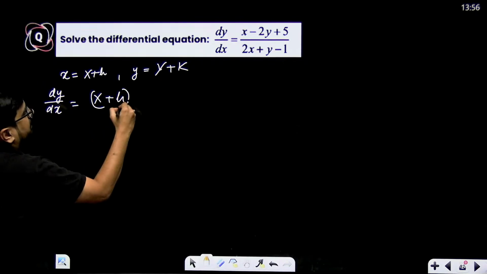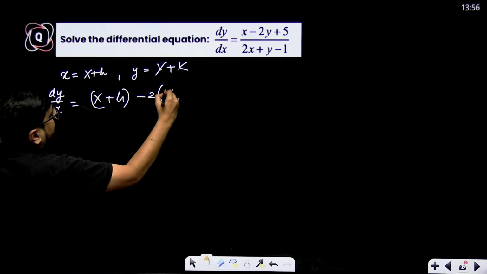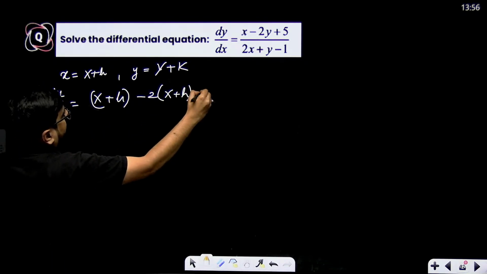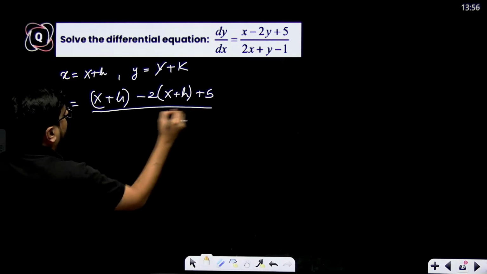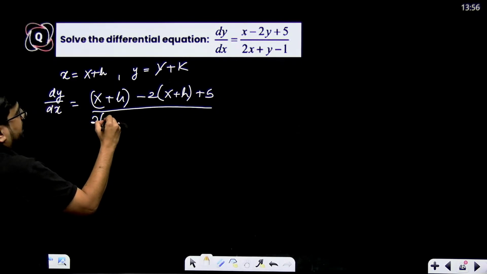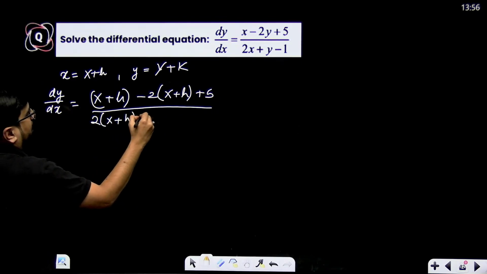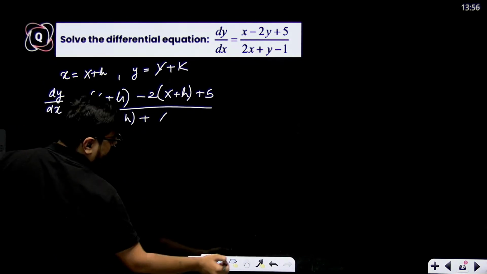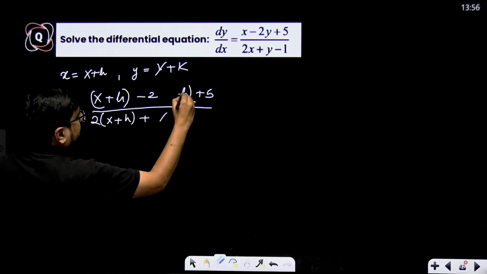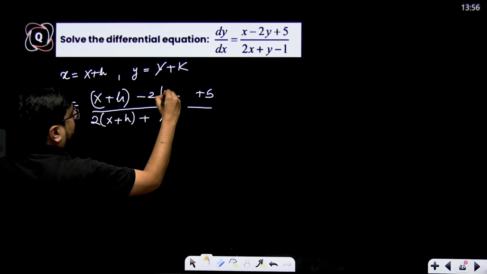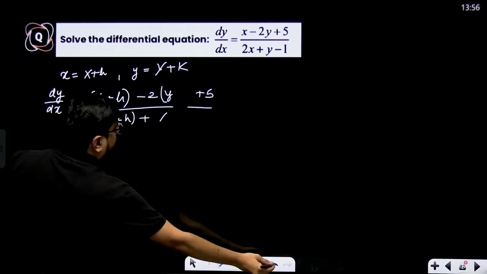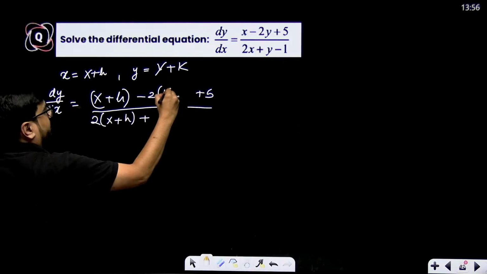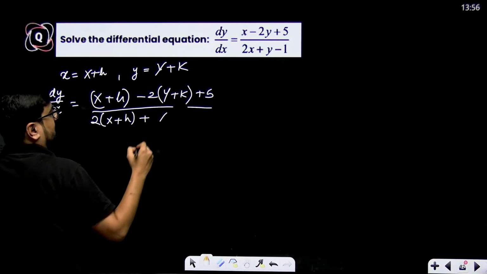Instead of small x I'm putting minus 2 into capital X plus h plus 5, divided by 2 into capital X plus h plus, here also y is capital Y plus k, plus y.